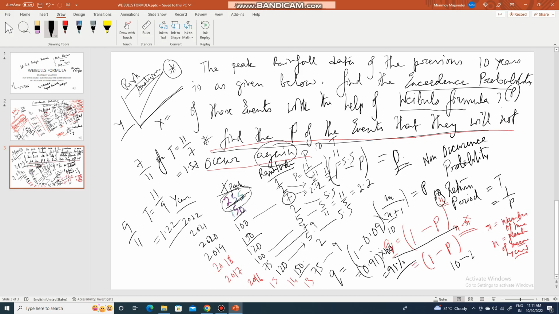So just deduct the number of times they can occur, that is 2, from the time period 10. 10 is the 10 years. So you have to raise 1 minus P to the power 8. So 1 minus P is 0.91, and you raise this to the power 8. That will give you the non-occurrence probability of the event.